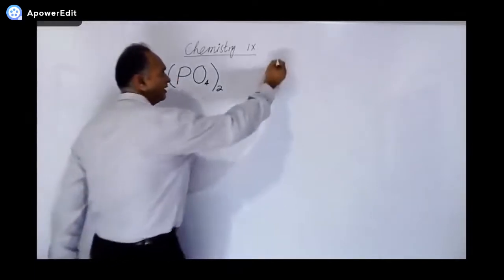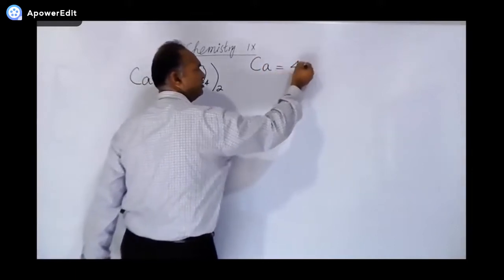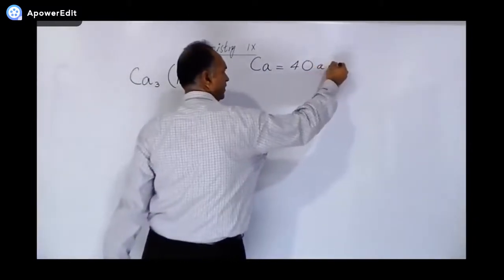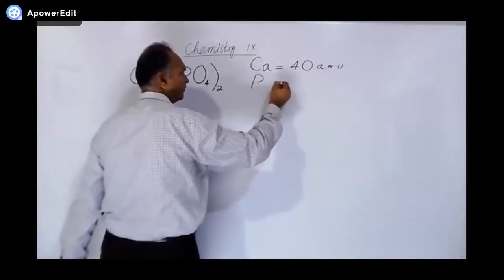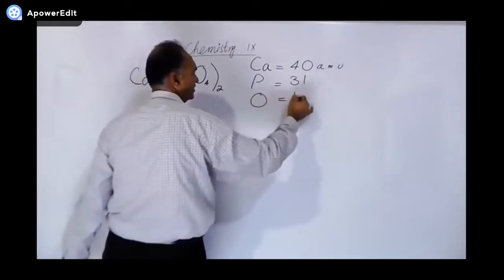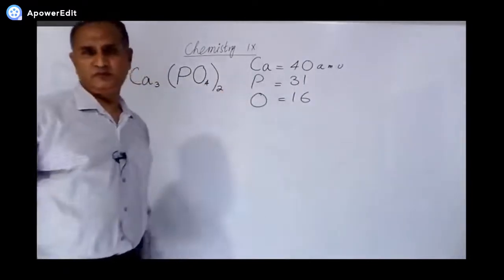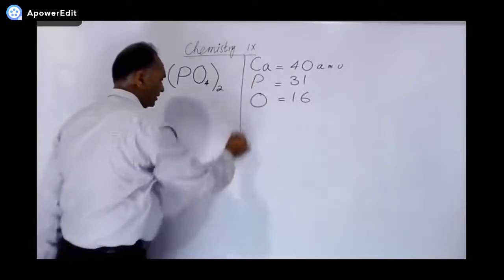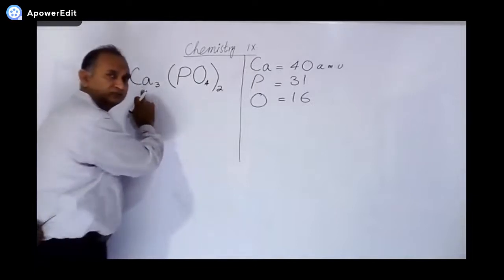So writing here, the atomic mass of calcium is 40. It will be given to you, 40 AMU. What is the atomic mass of phosphorus? 31. Oxygen 16. So these masses will be given to you. All right. So we'll use this. Okay. First is calcium.